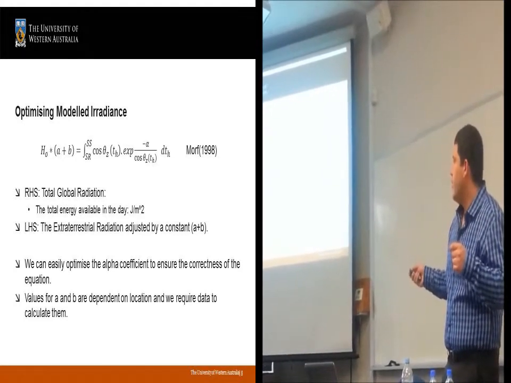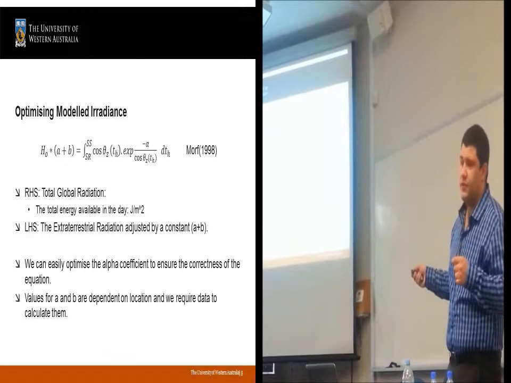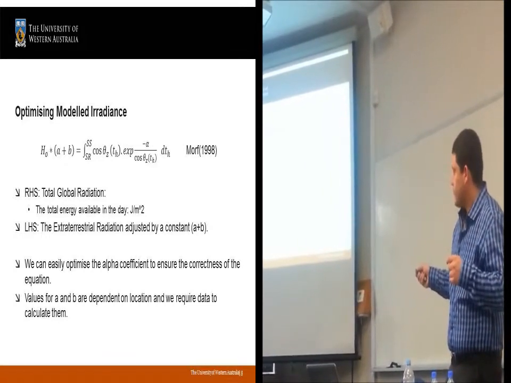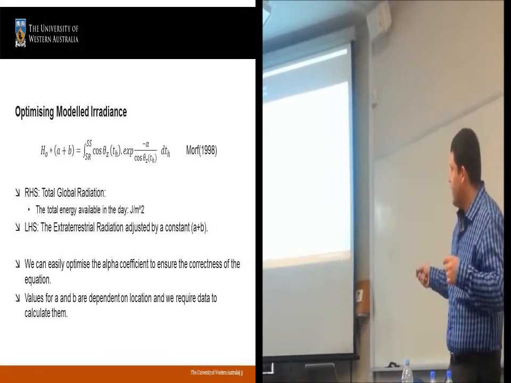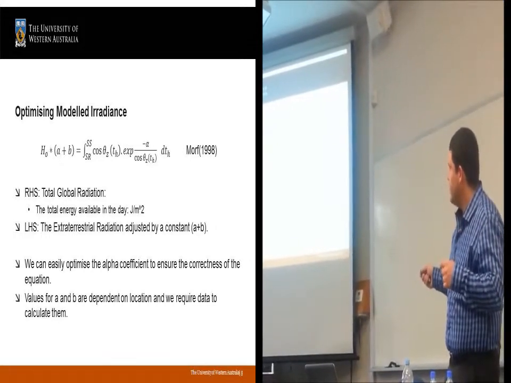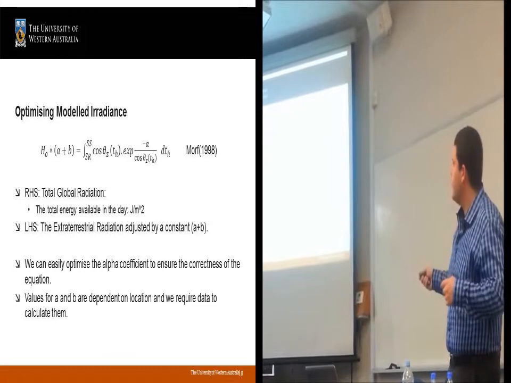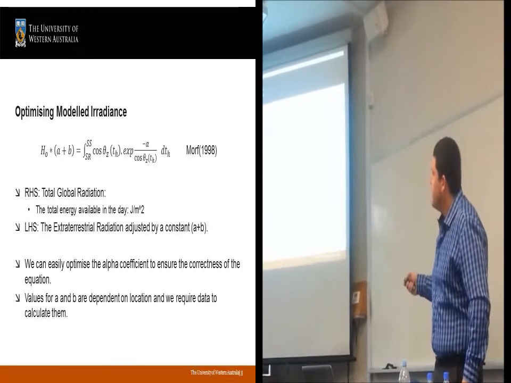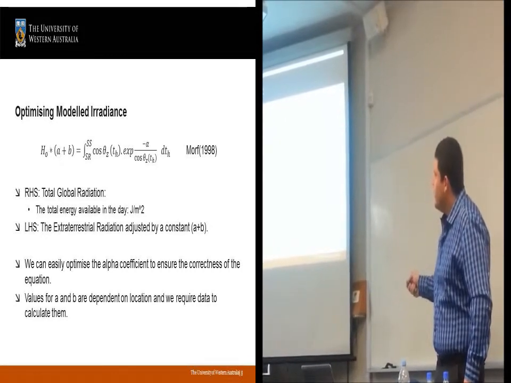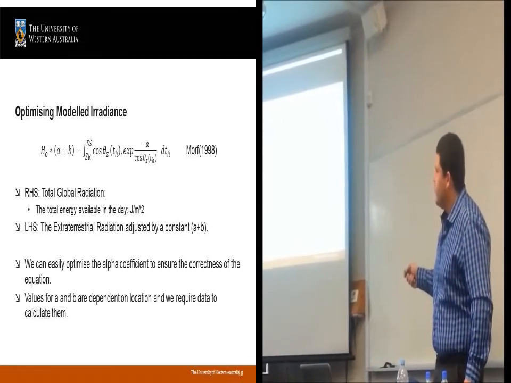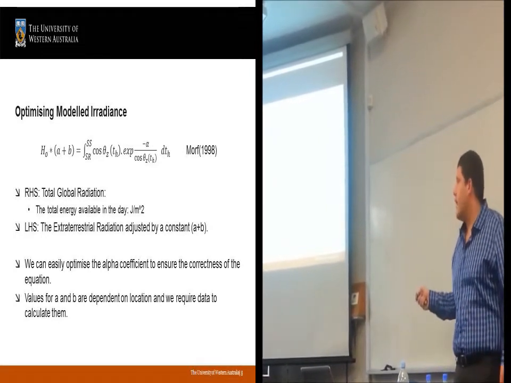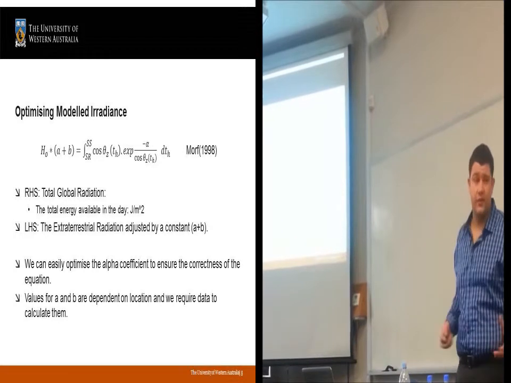And if we multiply that by the extraterrestrial radiation and the constant factor, if we equate this equation, it'll give us an alpha coefficient if we optimize the alpha coefficient to best fit this. And so all this equation is saying is the total energy available in a day is equal to the extraterrestrial radiation times a constant. And we can calculate the extraterrestrial radiation fairly accurately.